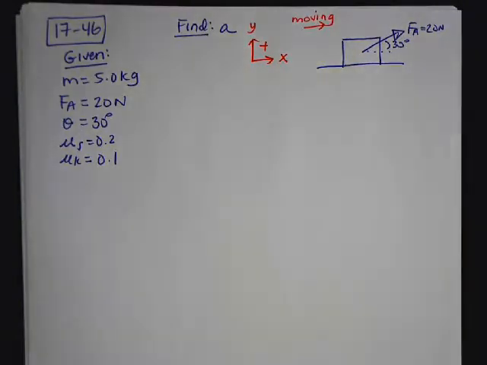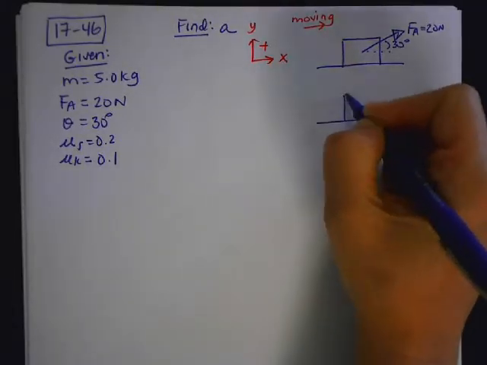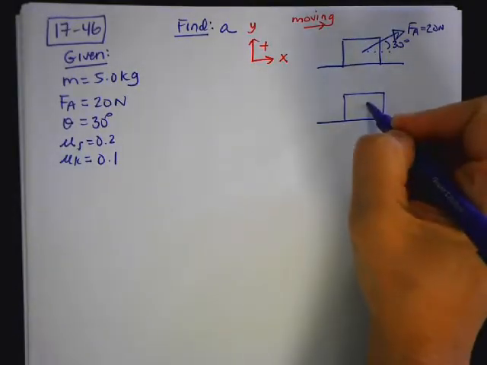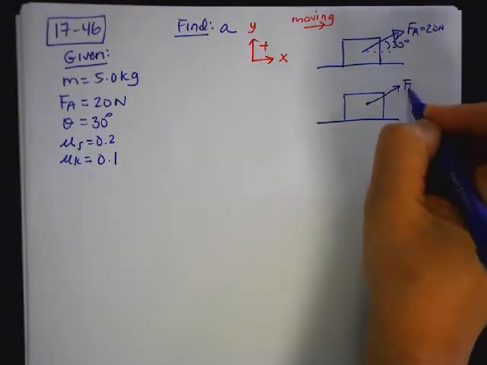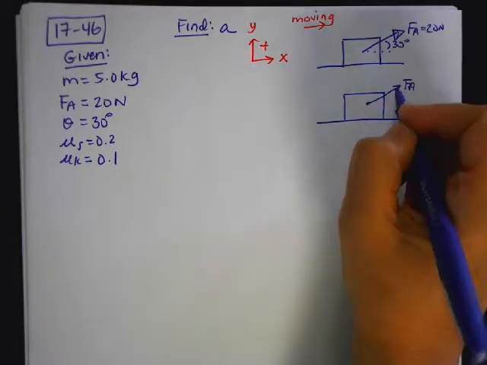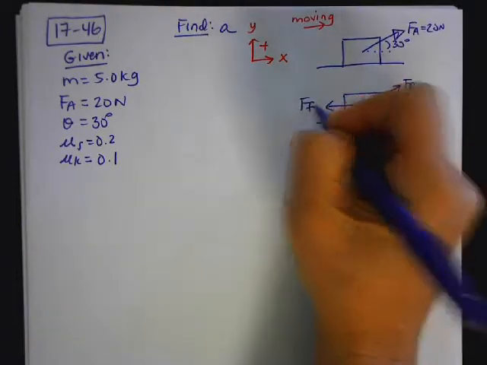The next thing I'm going to do is draw my free body diagram. My free body diagram only shows the forces that are acting, in the direction in which they act. So here's my applied force, Fa. Because Fa is going this way and that's the way it's moving, my frictional force acts opposite the direction of motion.